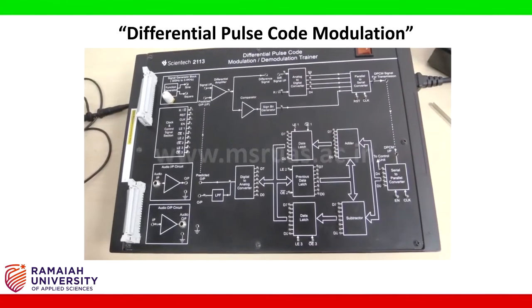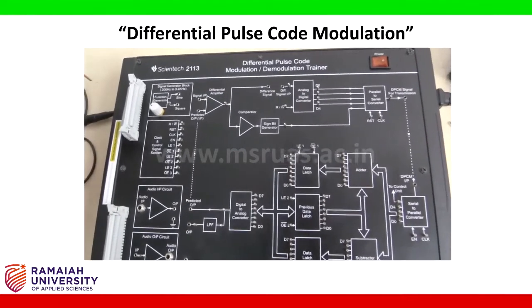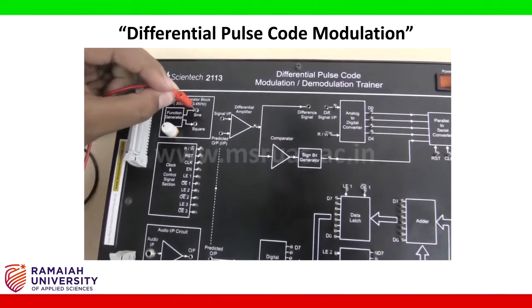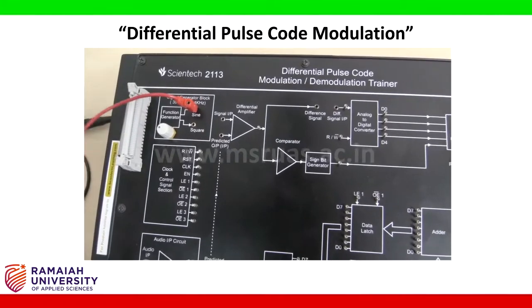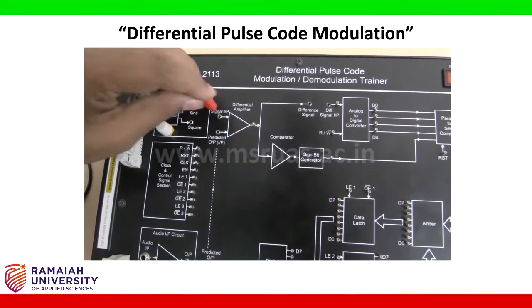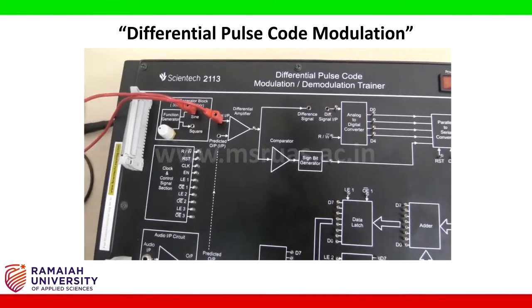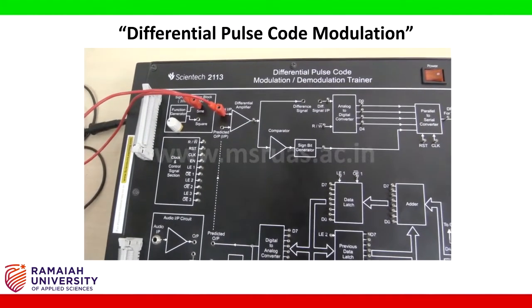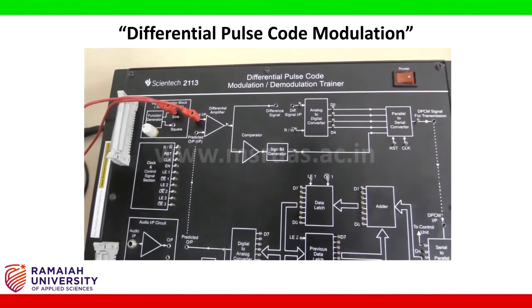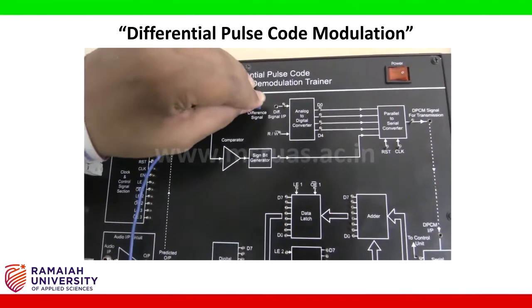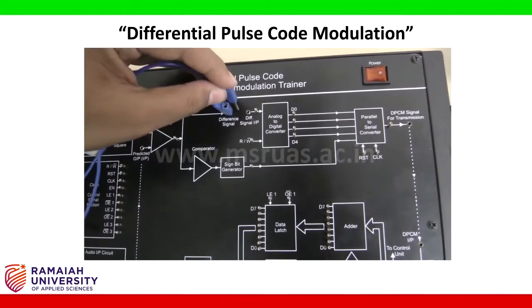Now let us start the connections for the experiment. Let us connect the output of the function generator, that is the sine, to the signal input. The output of the difference signal is connected to the input of the difference signal.